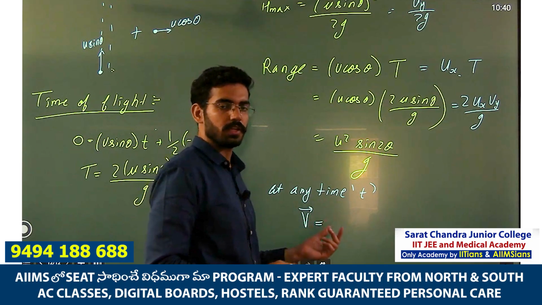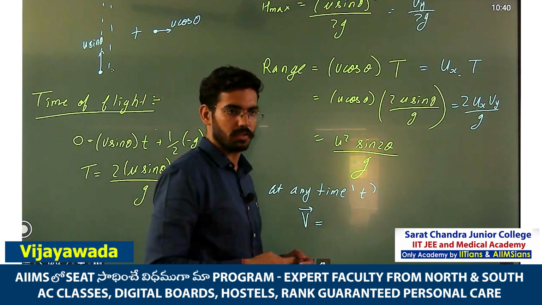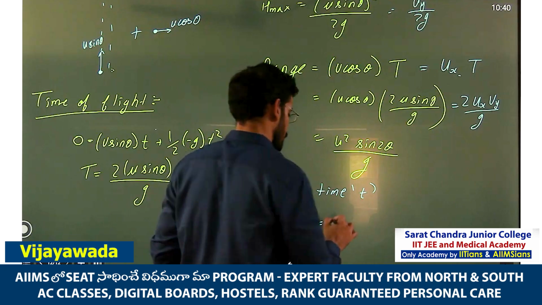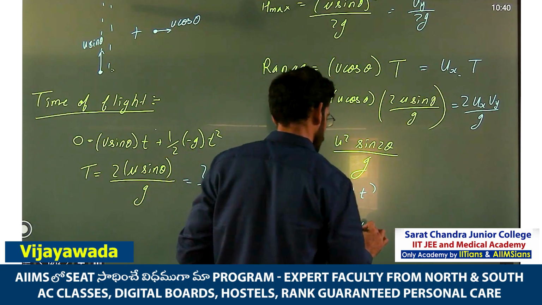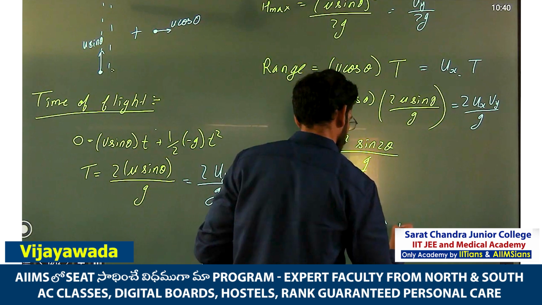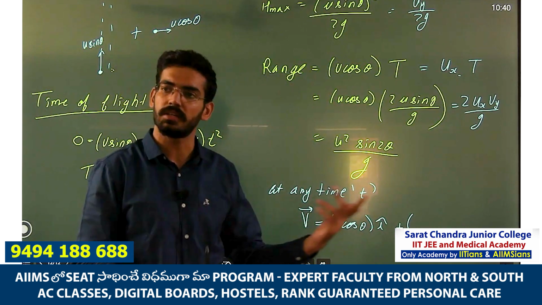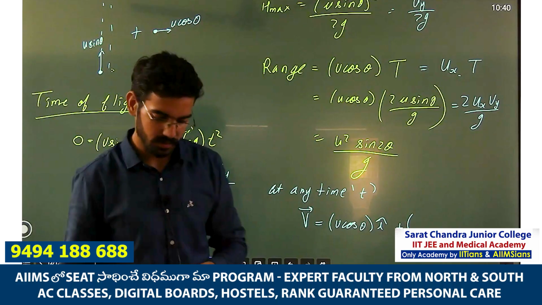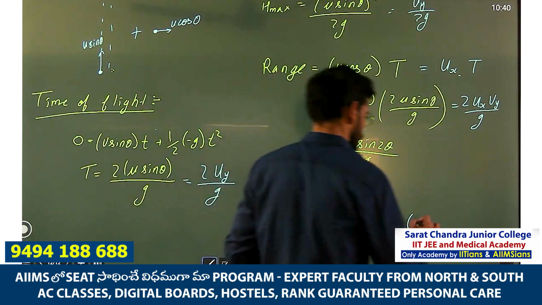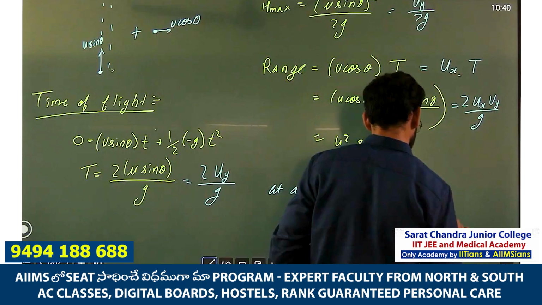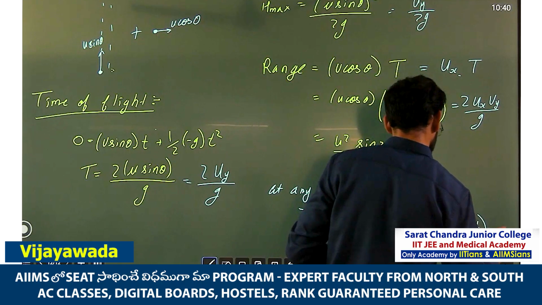Net velocity, how you were writing in the previous questions, write that same way. Initial velocity is the same on this side, right? There is no acceleration, i cap. In the y direction, there is initial velocity, there is acceleration downward, and time is given, let's say t. So what is the velocity? v equals u plus at. So u sin theta minus gt, j cap.